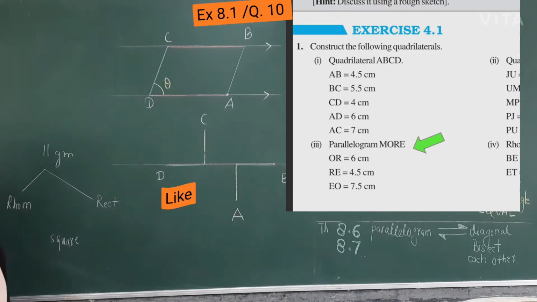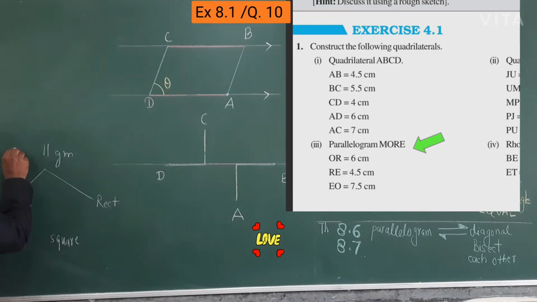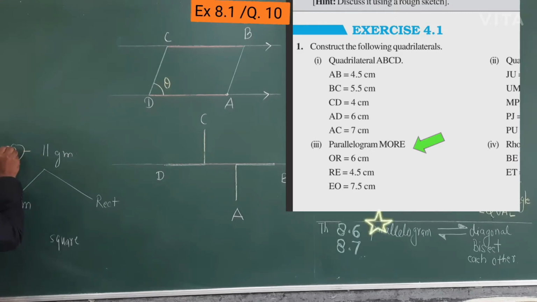Whenever you are asked to draw a parallelogram, three informations are required, and two informations you get from the theorem.